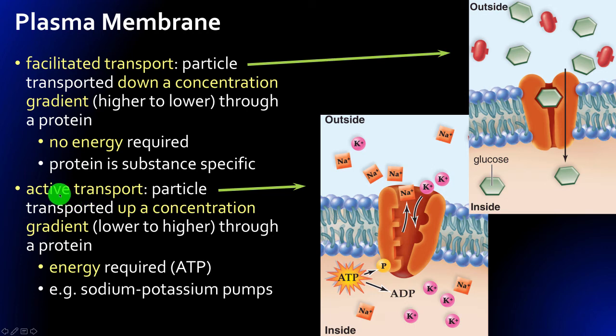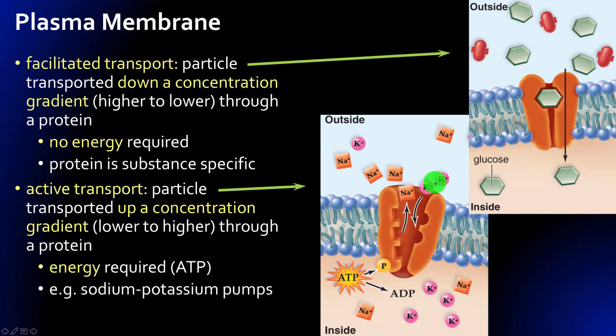So active transport is different in that it requires energy. And the action we see here is that we're going to use the energy in ATP, adenosine triphosphate, to change the shape of this protein, which binds in some places to sodium and others to potassium. So it's going to be able to pick up sodium and pump it to the outside of the cell, which will become very high in sodium relative to the inside.